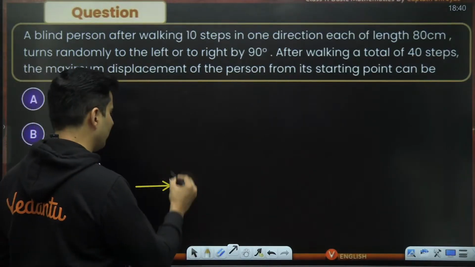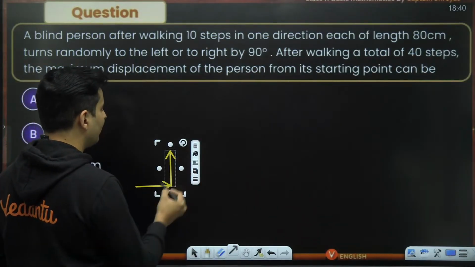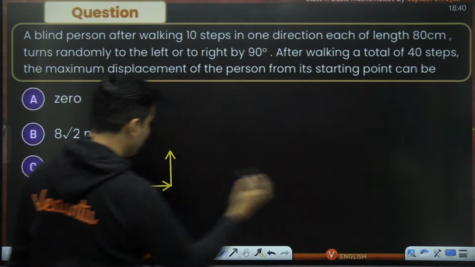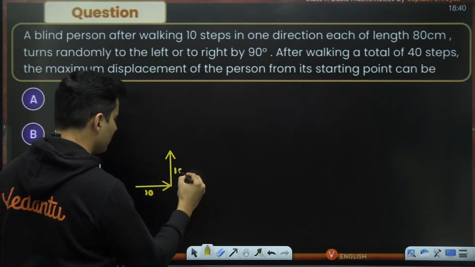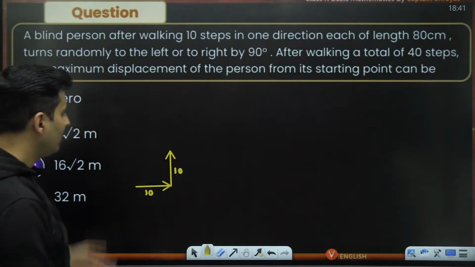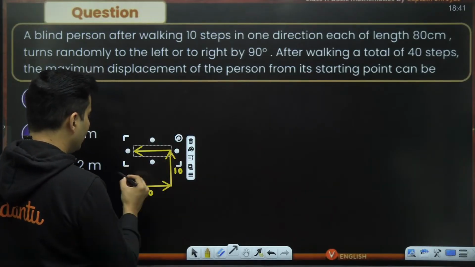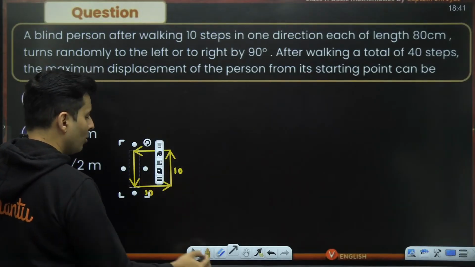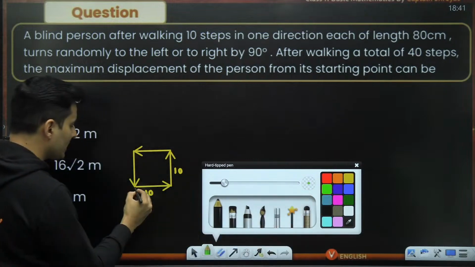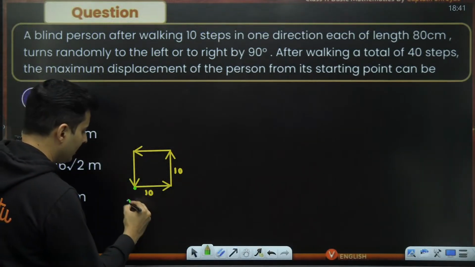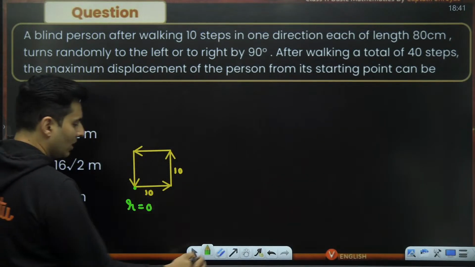Let's say he turns towards the left by 90 degrees after 10 steps. So each one of them is 10 units. This is also 10 units. Now let's say he again turns towards the left, again randomly towards the left. Well, he will be back to his original position, and then the resultant will be 0, right?